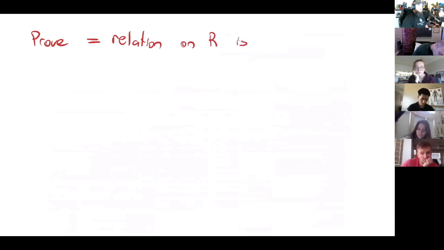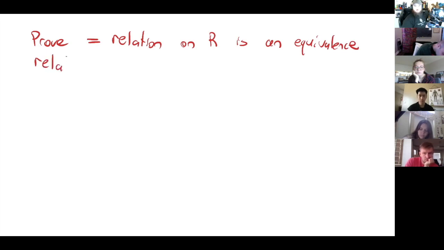So let's say we want to prove that some relation defined on some set, and this is the real numbers now, is an equivalence relation.